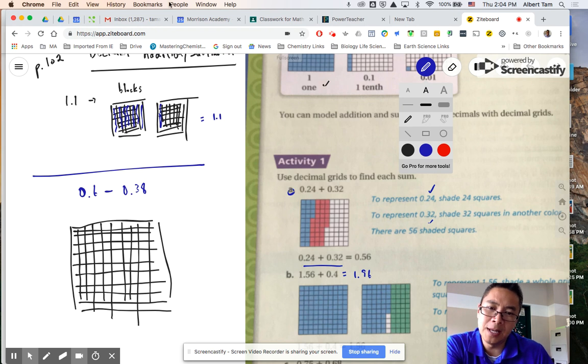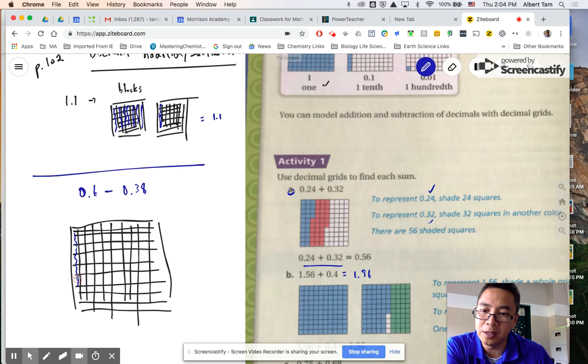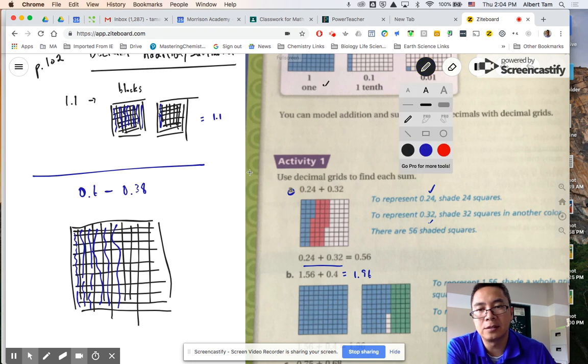Okay, so to represent the 6 tenths, we do what we did before. We're going to shade everything in here that's blue to represent the 6 tenths, and I'm going to color in exactly 6 of these strips. That part I've done. Then in your textbook, what they do to subtract is this: I'm subtracting 38 hundredths, so 38 hundredths is taken away from 6 tenths.